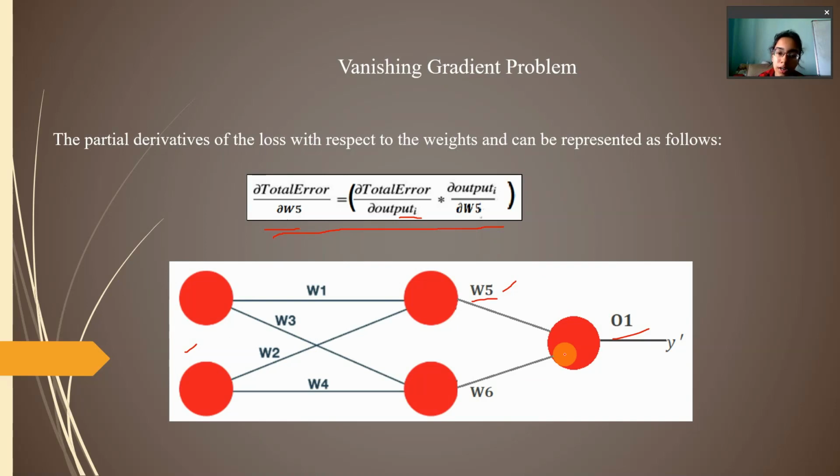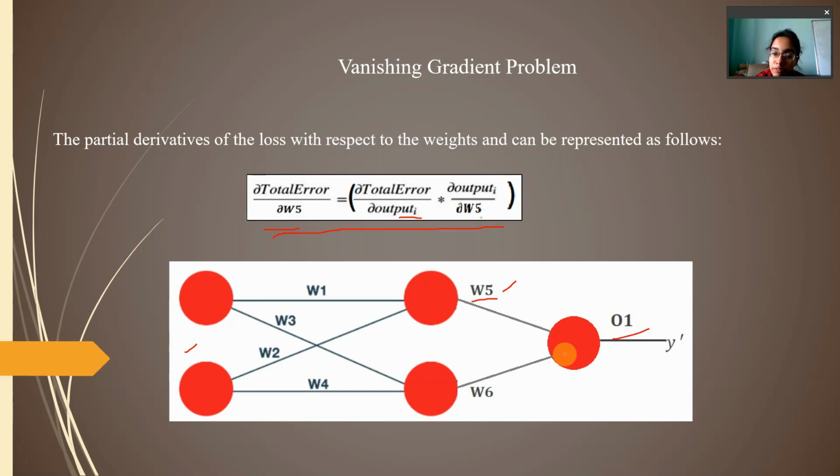So suppose the first derivative term is 0.1, the second derivative term is 0.01, then the third derivative term is 0.001, so it will keep on decreasing like this. So for the three layer neural network, the value will be something around 10 to the power minus 7 or 10 to the power minus 6, depending on the values that you are choosing. So suppose the value is 10 to the power minus 6.